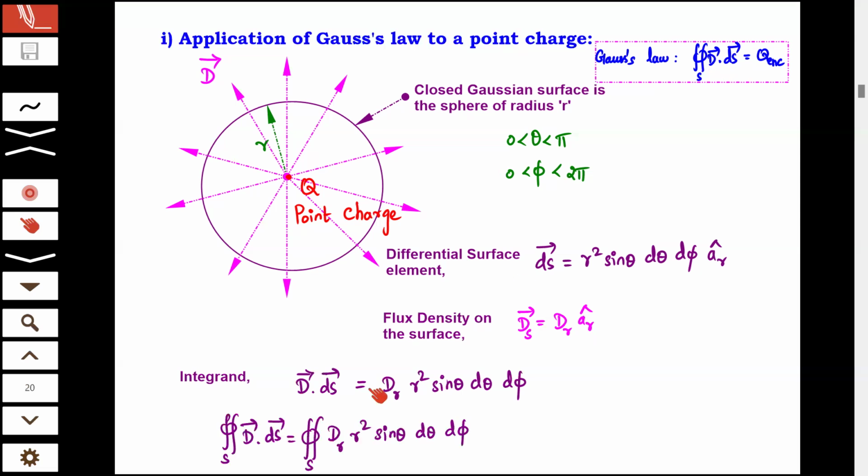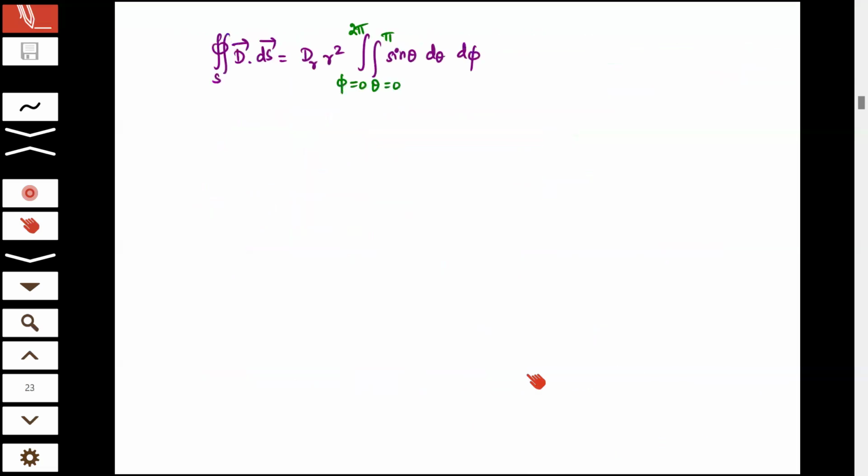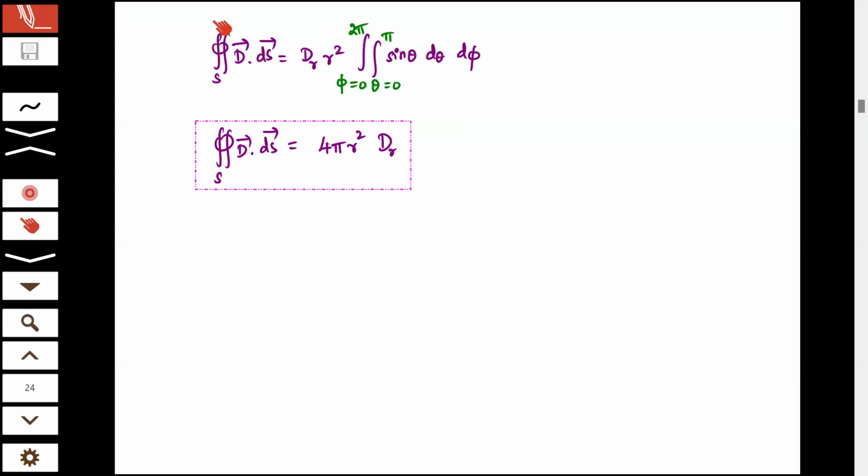We can perform this integration over the entire surface of the sphere with the theta limits extending between 0 and pi and phi limit extending between 0 and 2 pi. And we know d is constant. We can take it outside the integration. Thereby, the integration of sine theta d theta d phi is going to give 4 pi r square times Dr. This is the left-hand side evaluation.